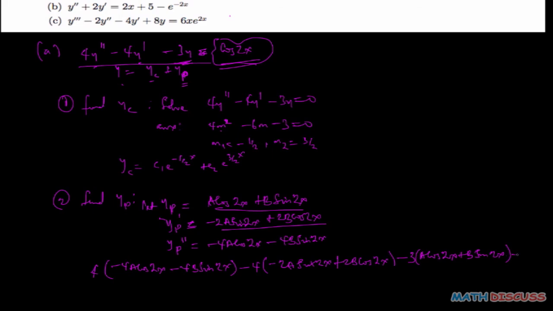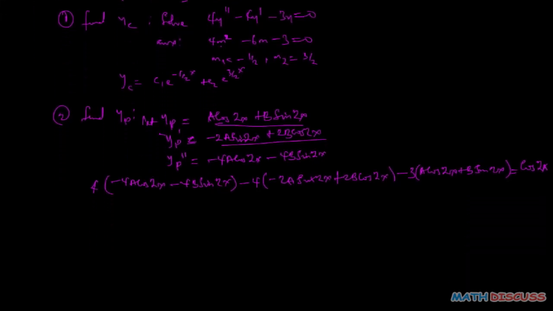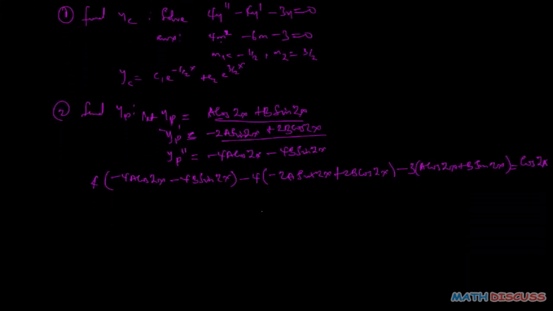Now all this should be equal to the right hand side for it to be a particular solution. This must be true if we are assuming that yp is actually a particular solution of the non-homogeneous differential equation. So the next thing I want to do is simplify the left hand side.